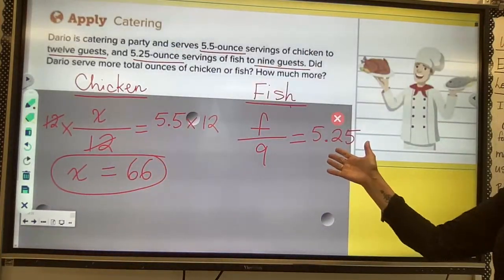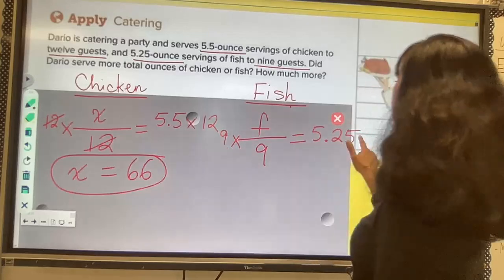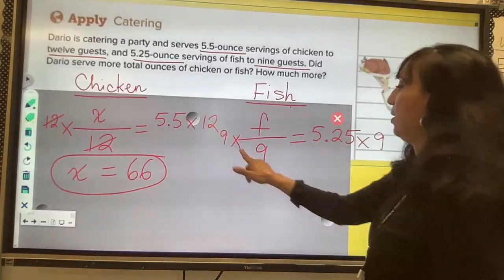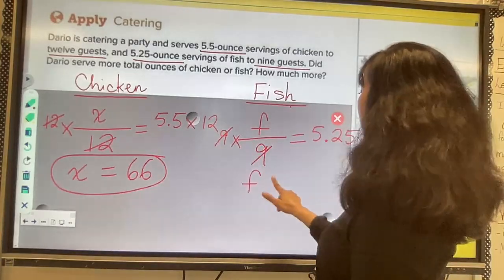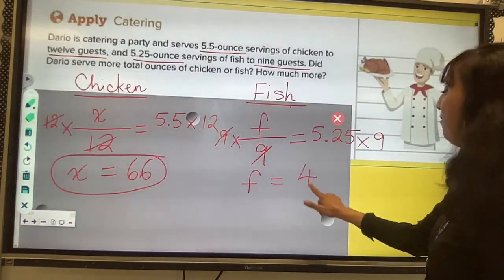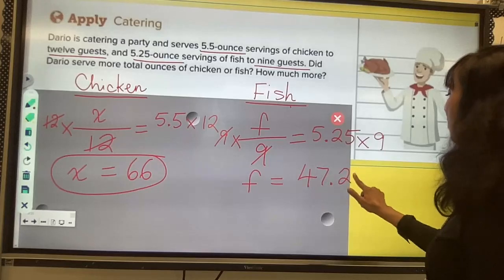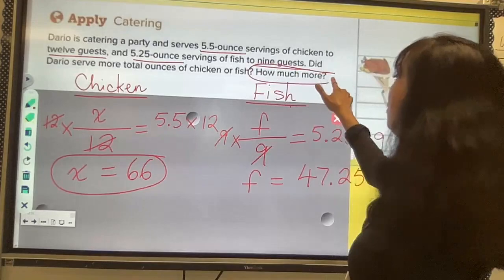And then in this case, again, it's division, so I'm going to multiply both sides by 9. Okay, and 9 divided by 9 is 1. So the servings over here, if I do 5 and 2/500 times 9, when I multiply, I get 47 and 2/500. Then it's asking how much more.